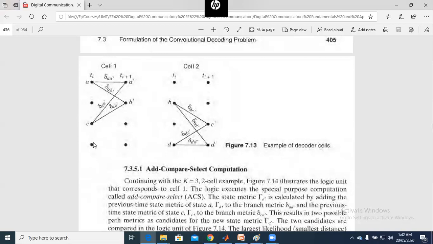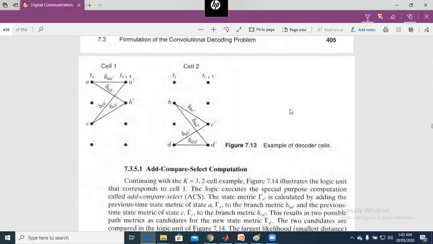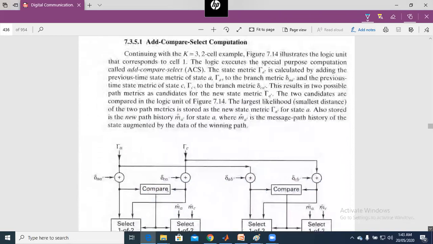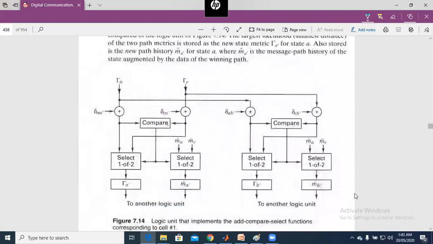So we see the hardware implementation of cell 1. Here we have the delta A and we have delta C for cell 1. And we have delta AA dash and delta CA dash, we add, and similarly we have delta AB dash and delta CB dash.